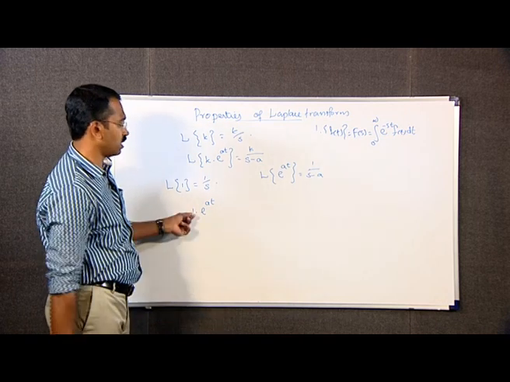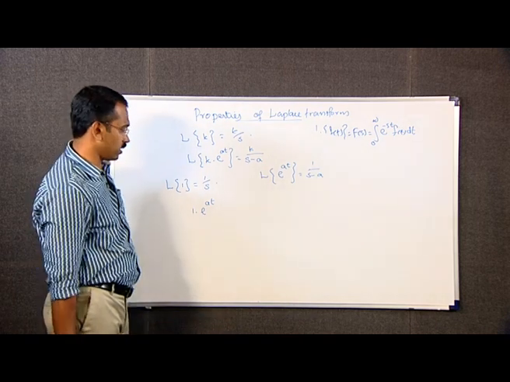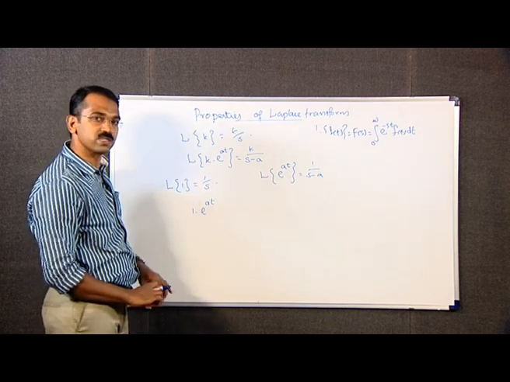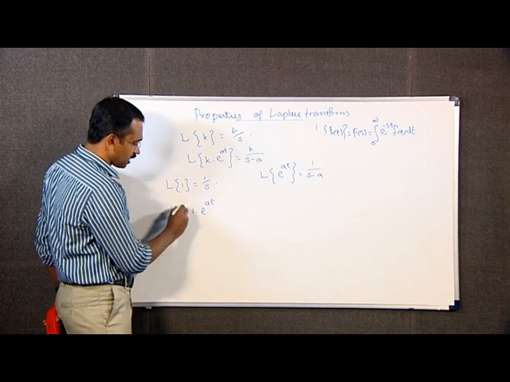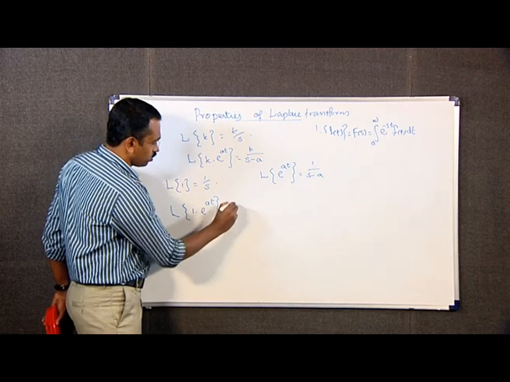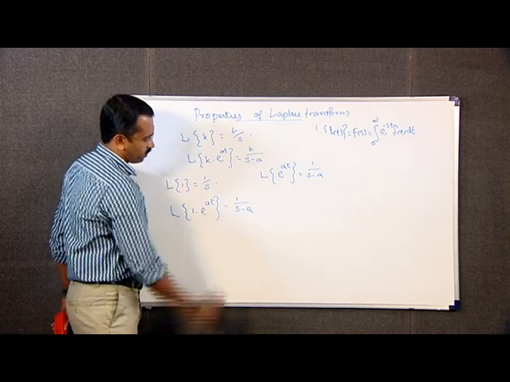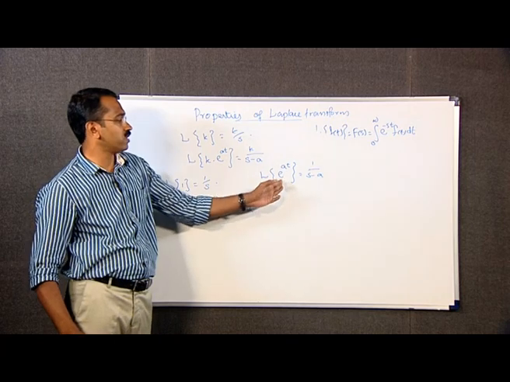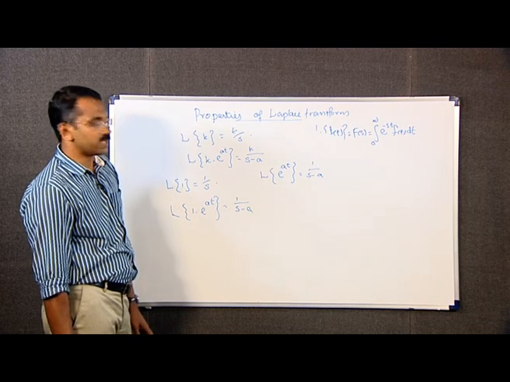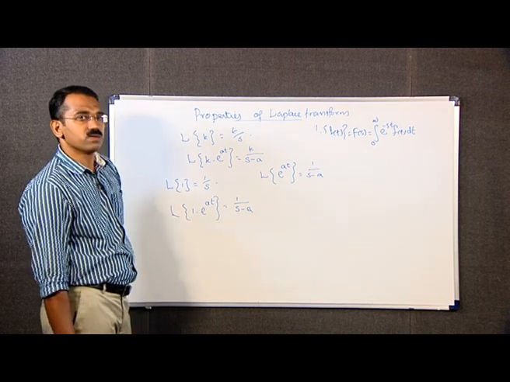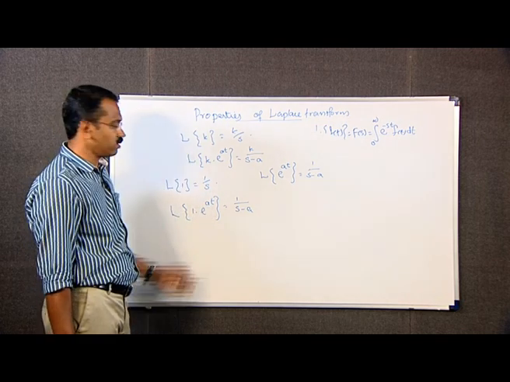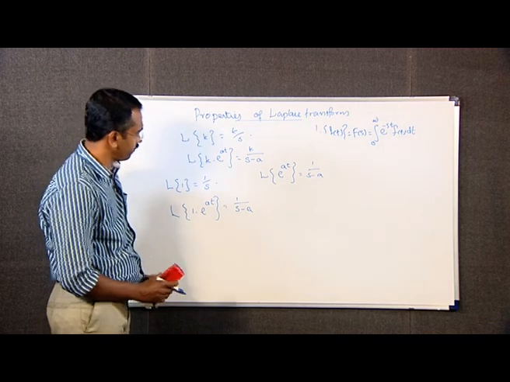That is, 1 is multiplied by e raised to a t, and the Laplace transform of 1 is 1 by s. Then, by the first shifting property, Laplace transform of 1 multiplied by e raised to a t is equal to 1 by s minus a. But L of e raised to a t is 1 by s minus a. We just proved this in the previous session. Therefore, we just verified the first shifting property for the function 1. It is true.